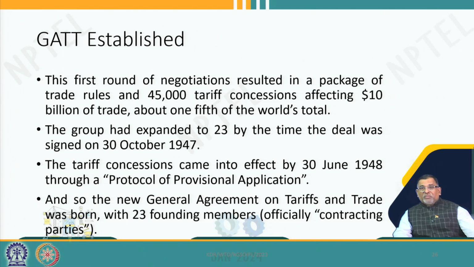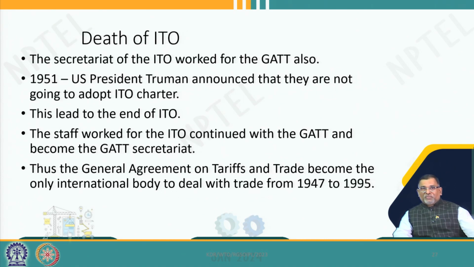At that point of time it was worth $10 billion US, which was a huge amount. This group of 23 definitely included the founding members, and India was one of the members in GATT as well. Then there was a protocol of provisional application, and the number of countries gradually increased.